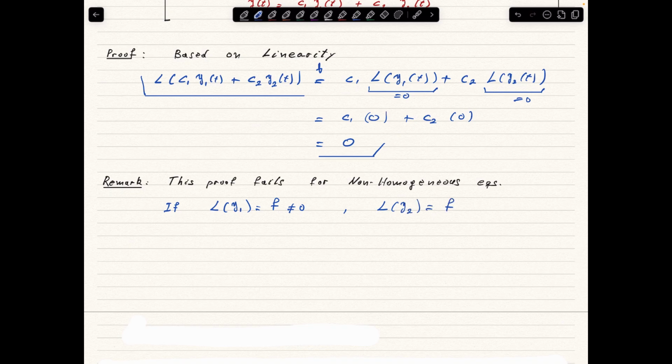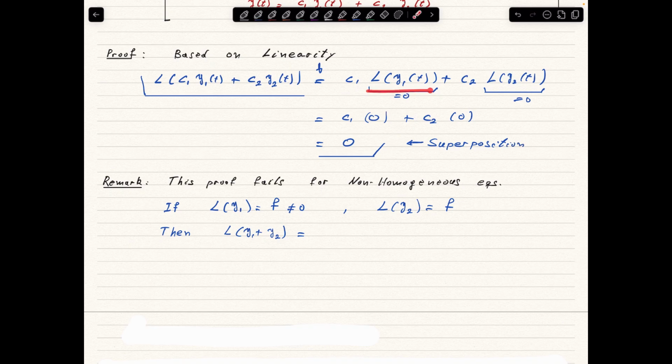Then what happens with the addition? For example, what is L of y1 plus y2? Well, we still have linearity in the operator, but what fails is superposition.